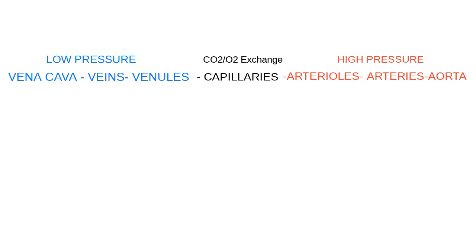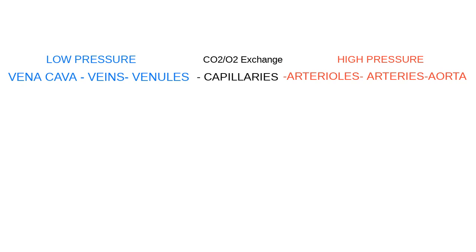The ascending aorta transports blood, and this would be oxygenated blood, to the upper portion of the body, and the descending aorta transports oxygenated blood to the lower portion of the body. The aorta eventually breaks down into arteries, and then the arteries become arterioles.